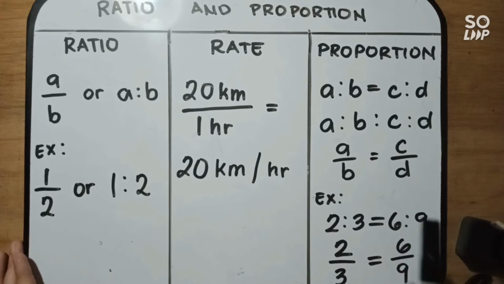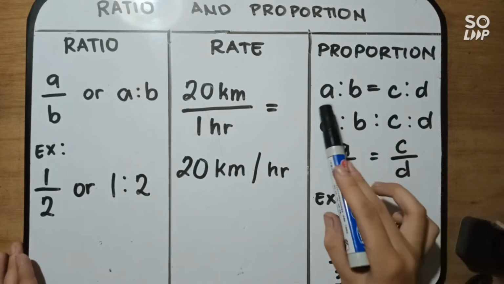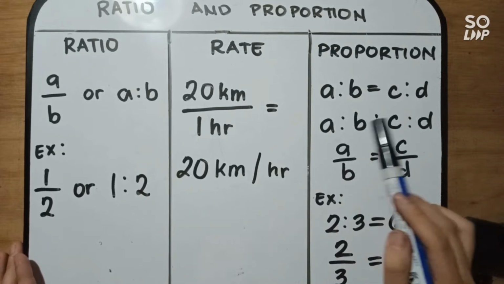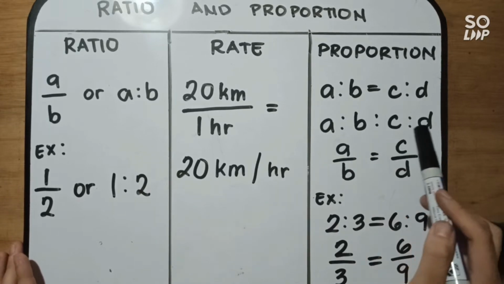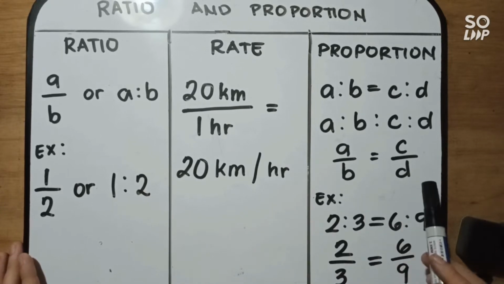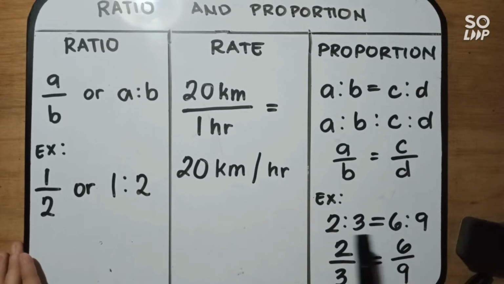The proportion can be written or expressed in different forms. First is A is to B is equal to C is to D. And the other one is A over B is equal to C over D. An example of a proportion is 2 is to 3 is equal to 6 is to 9, which can also be expressed as a fraction, 2 over 3 is equal to 6 over 9.